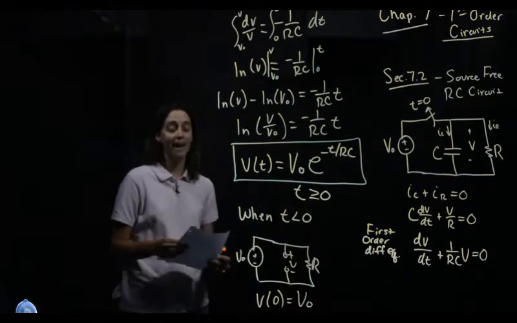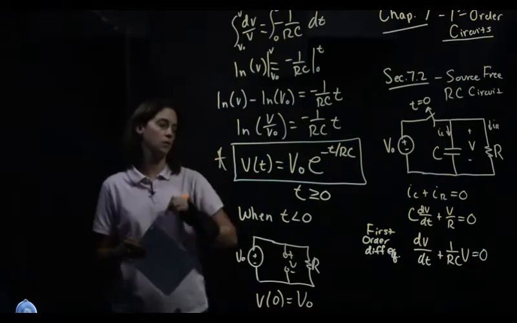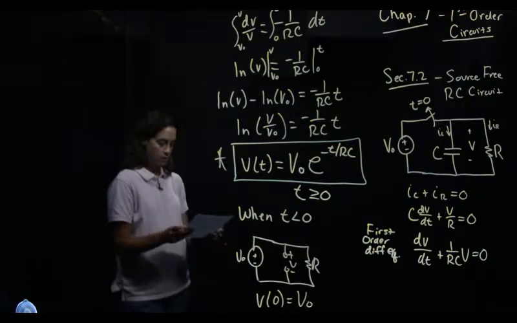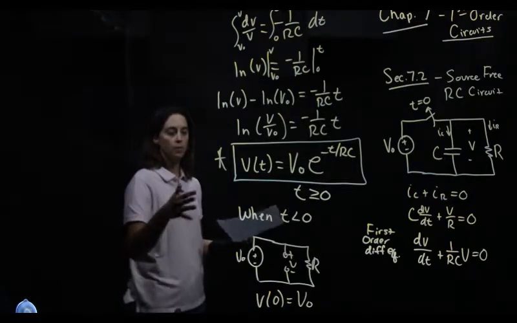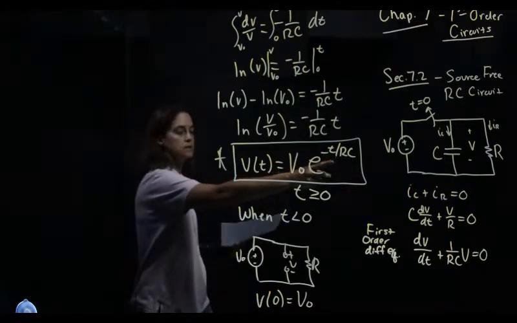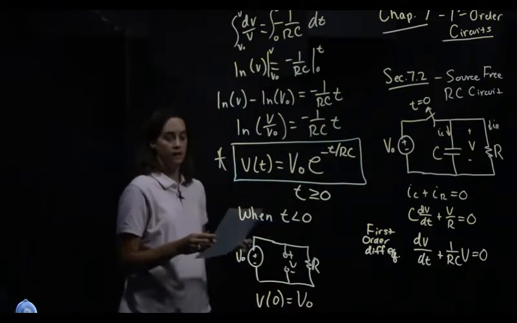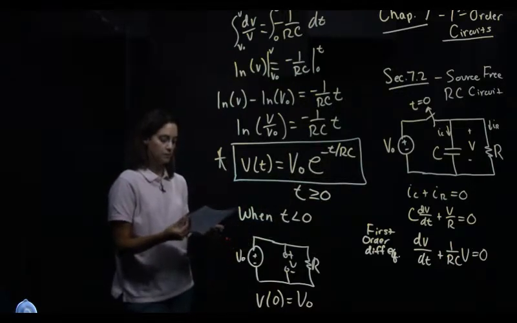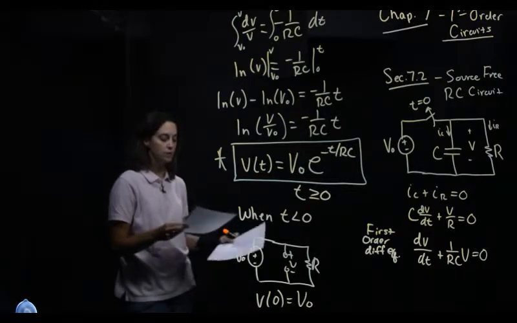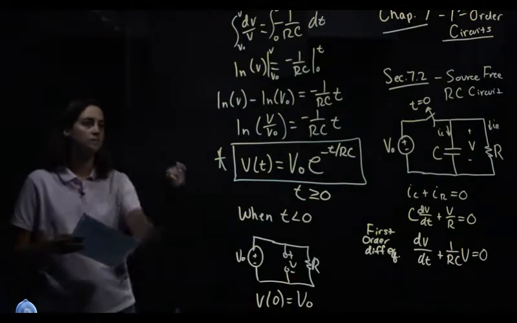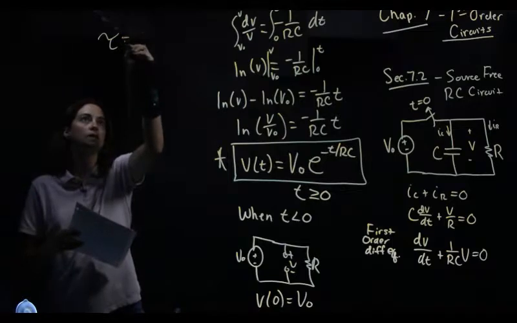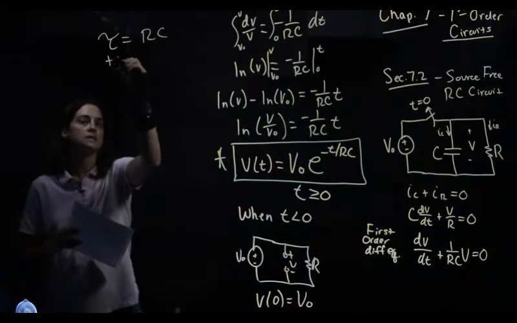So this is saying at time 0, right when the switch opens, my voltage is equal to V naught. Then it's going to decay according to this equation. So if I want to know what the voltage will be at some time, I can plug it into t. I know RC, I know my initial value, and I can find the particular value for what it will be. We define tau as RC. We call this the time constant.